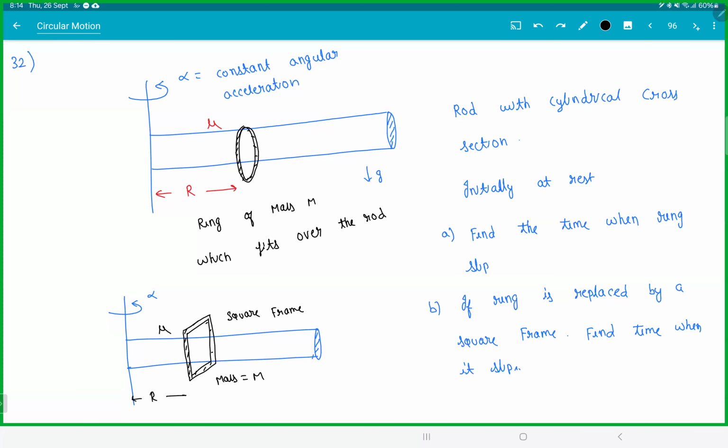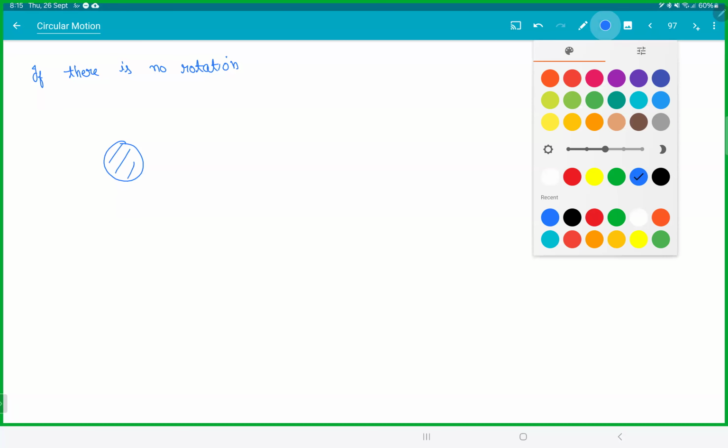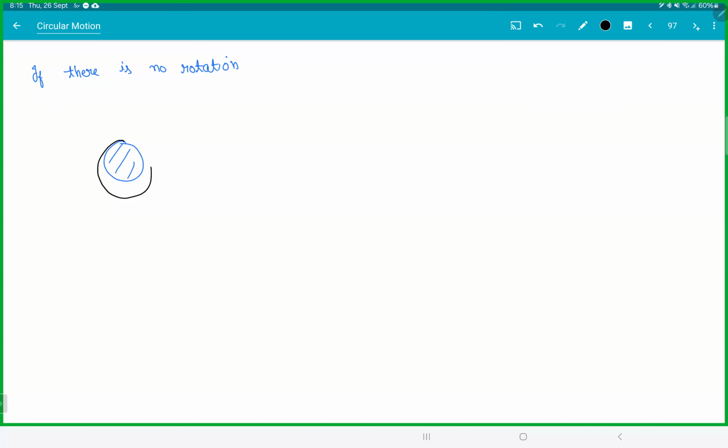Let's first see how this rod actually would be. Imagine if there is no rotation, how it would look. If there is no rotation, this blue one is your rod, and the ring will look like this, meaning the topmost point of the ring will be lying on the rod.